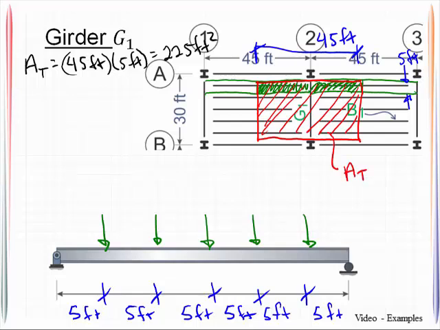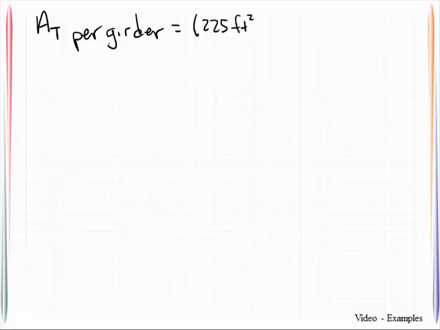In order to get the live load reduction factor, we need to use the total tributary area going to the girder. And then later, to get the specific point load quantity, we will use the tributary area to each particular point load. So the AT, tributary area per girder, is equal to 225 feet squared, and then we have 5 point loads. And that will equal 1125 feet squared.